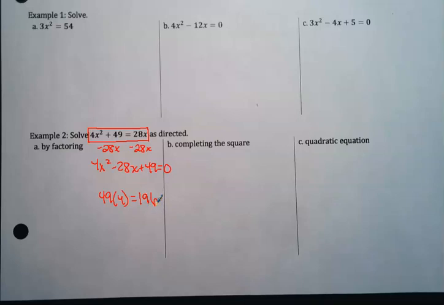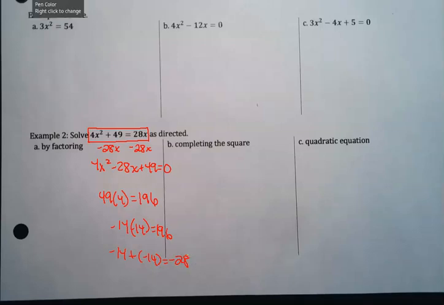We need factors of 196 that equal 28. 14 times 14 equals 196. But we need a negative 28, so we're going to make it negative 14 times negative 14, because negative 14 plus negative 14 is going to equal negative 28, which is exactly what we need.